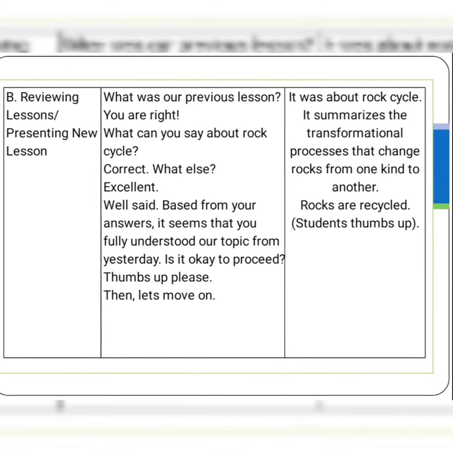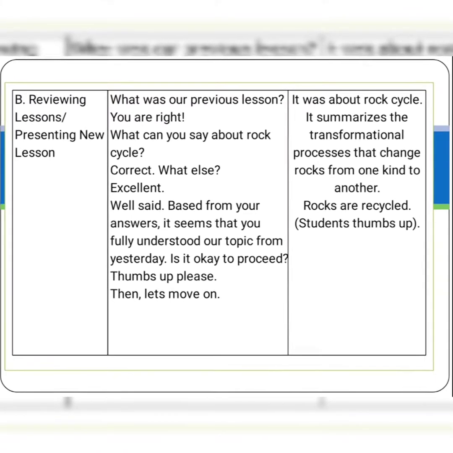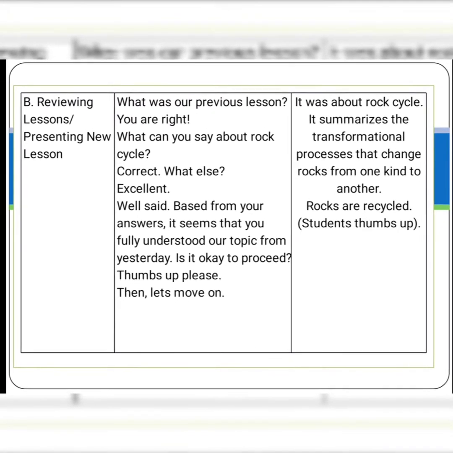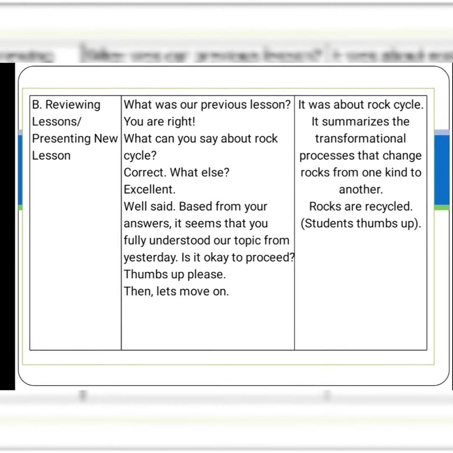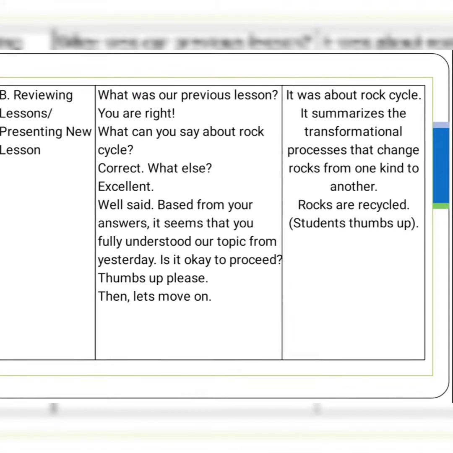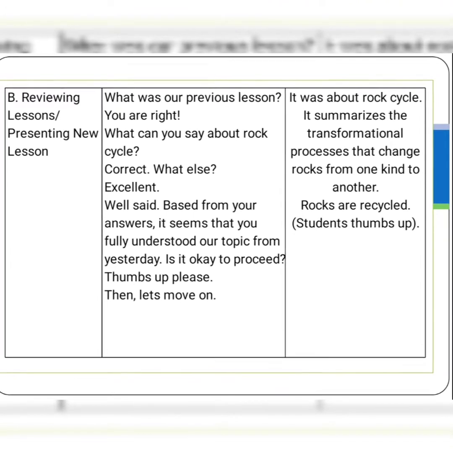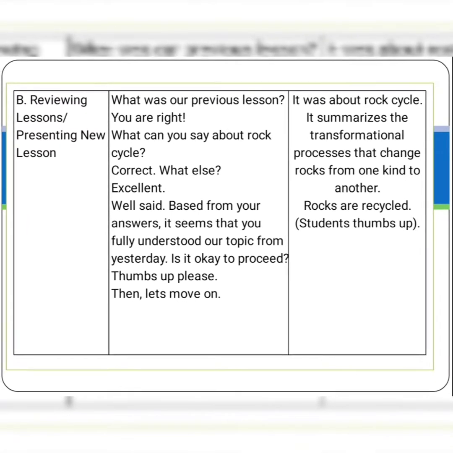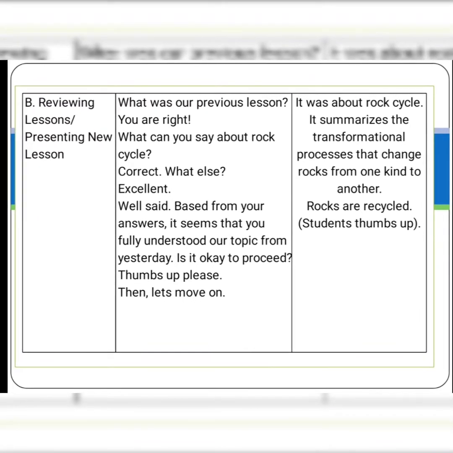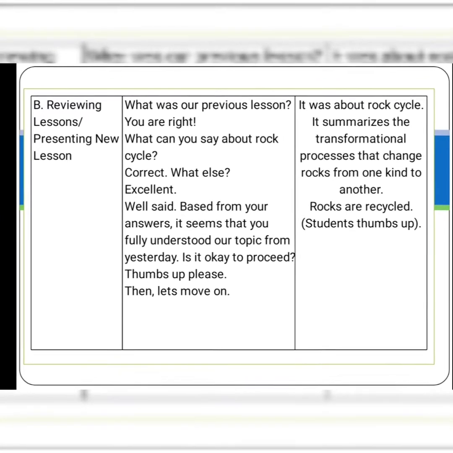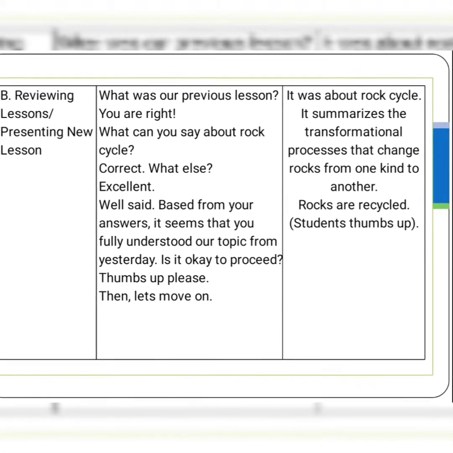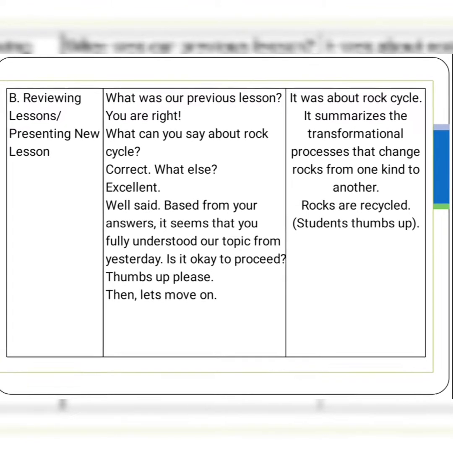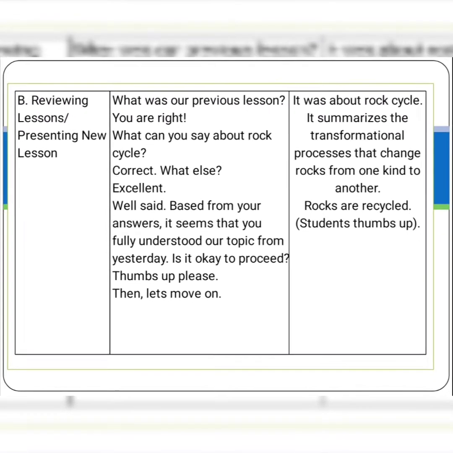So after preparatory activities, of course, you have to review the lesson. If the lesson has a prerequisite lesson or a previous topic, but if it happens to have no previous lesson, you can present a new lesson. Okay, you can ask them what was the previous lesson.